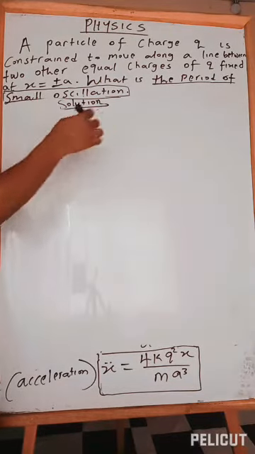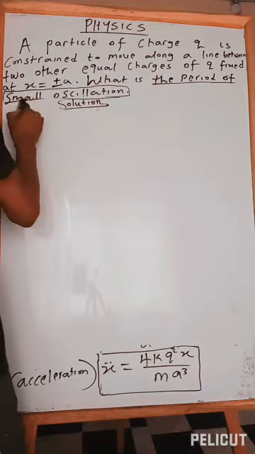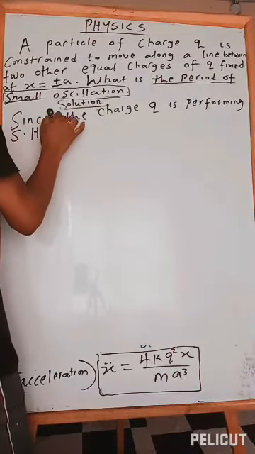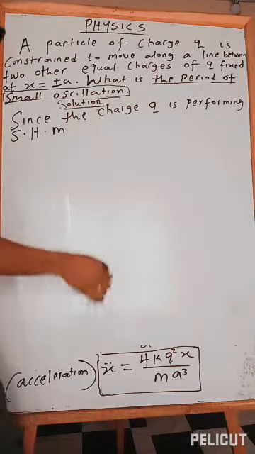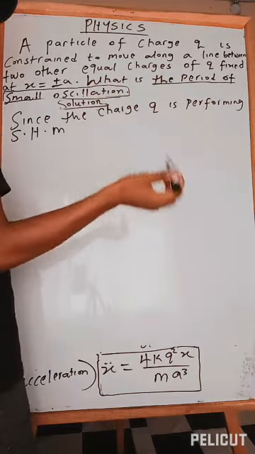Okay, so since the charge Q is performing oscillation, we can compare this equation with the acceleration for a body performing simple harmonic motion.